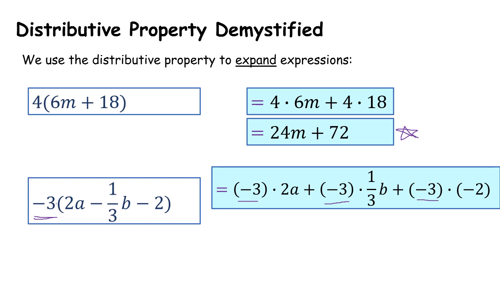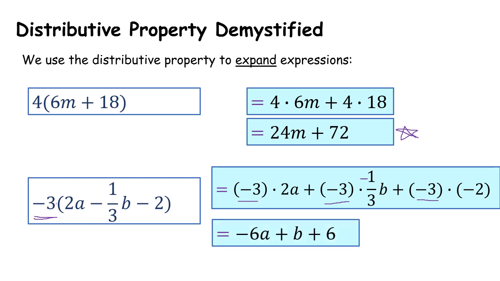Sorry, this should be a -1/3 b. That's my mistake from the middle. -1/3 b. And our result, multiplying, -3 times 2a is -6a, -3 times -1/3 b is positive b, and -3 times -2 is positive 6.